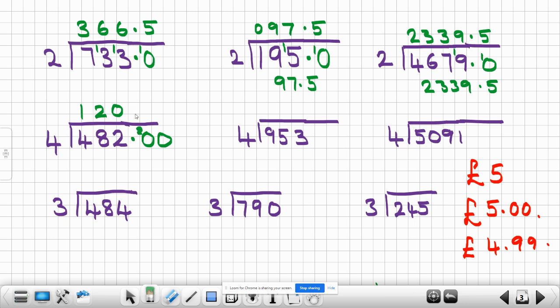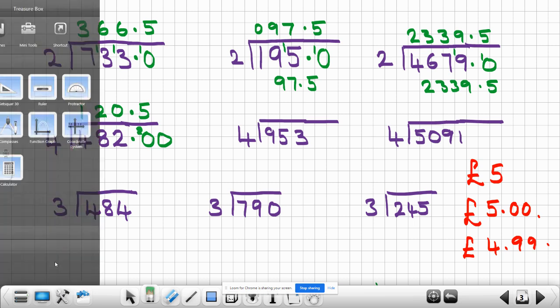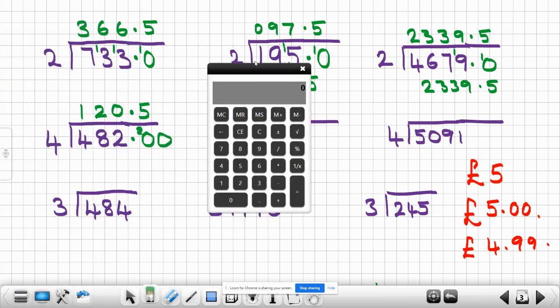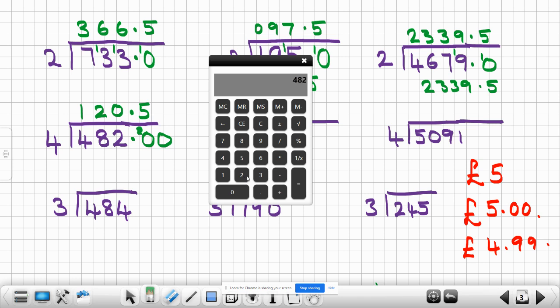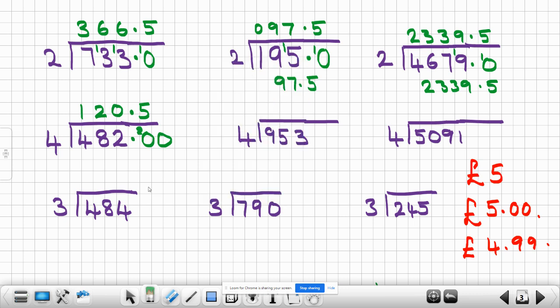Don't forget, we've got a decimal point there. We need a decimal point here. 4s into 20 goes 5. Okay, so the answer to 482 divided by 4 is 120.5. Let's check it. Good, and that's right. So we have still got these halves.